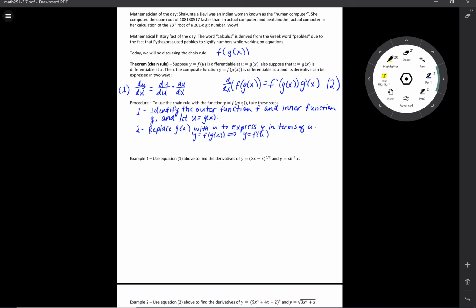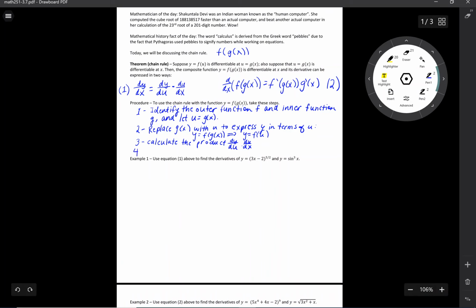Then if I am working with equation number 1 that I just wrote above, then I will calculate the product dy over du times du over dx. We'll go through an example where we do this.